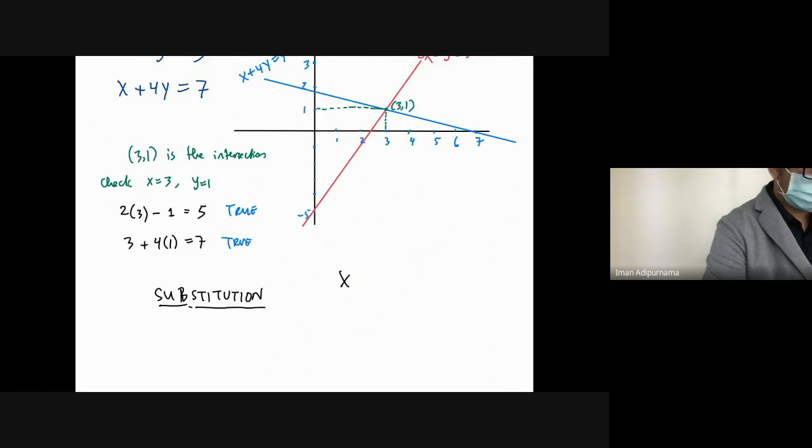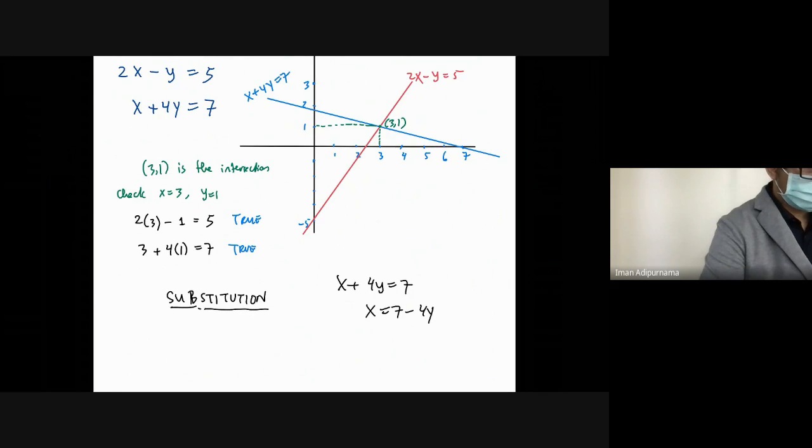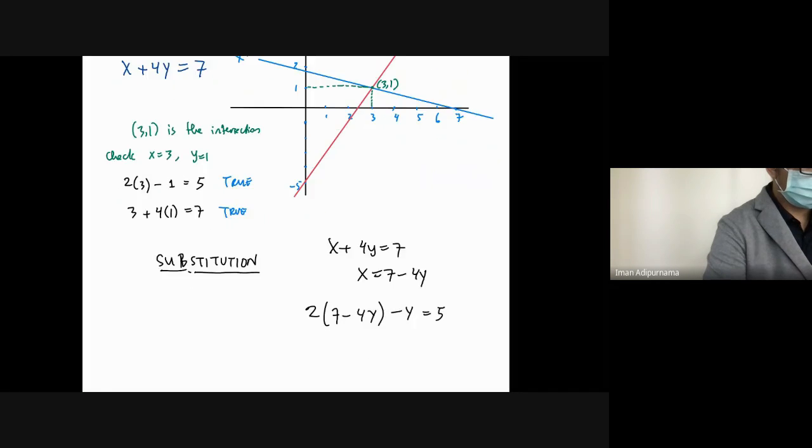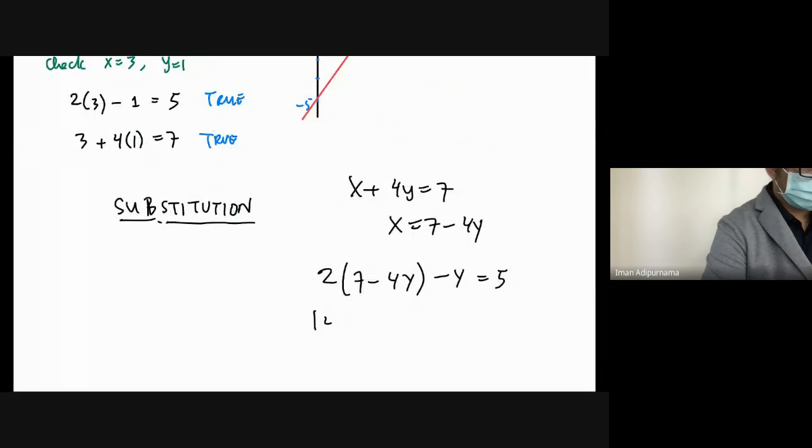Maybe start with x plus 4y equals 7. So x equals 7 minus 4y, and then 2 times (7 minus 4y) minus y equals 5. And we can solve this.